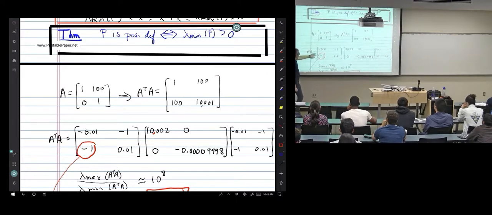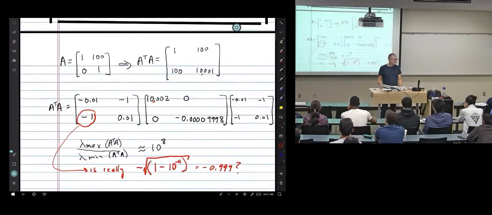And so then this is the Q transpose lambda Q for that matrix. And so here's one eigenvalue, 10,002. And here's the other eigenvalue, 0.00009998, okay? Is it close to being singular? Yes, okay.